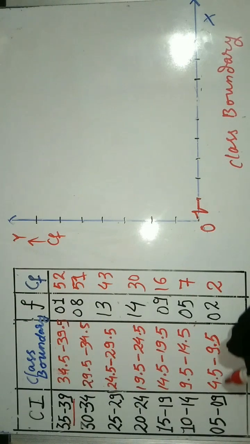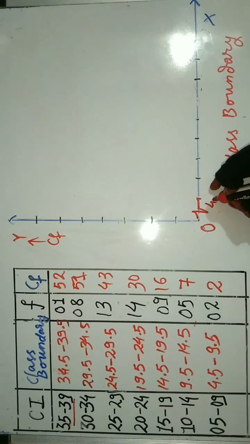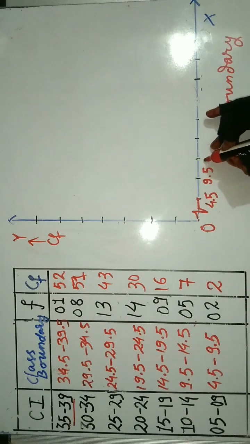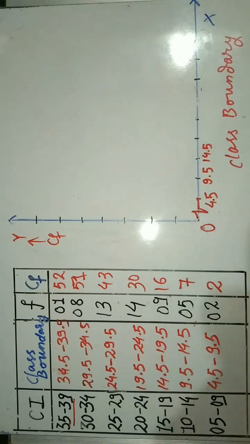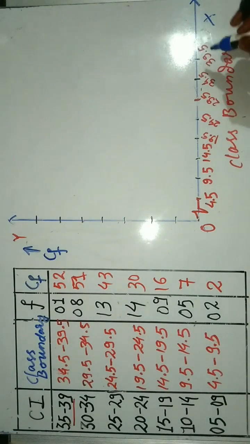Now write the first lower class boundary, that is 4.5. Now 9.5, 14.5. Complete this x-axis. Here I have completed the class boundaries on the x-axis.